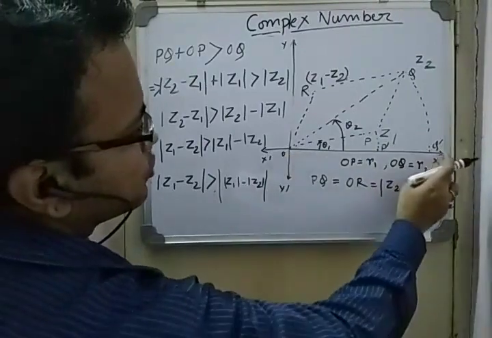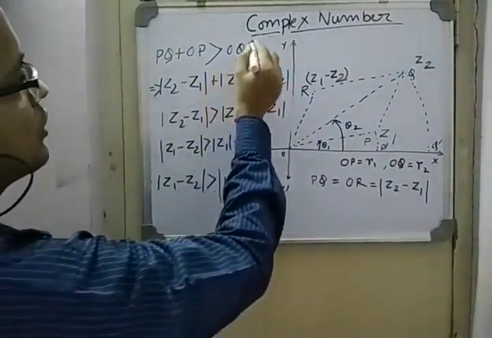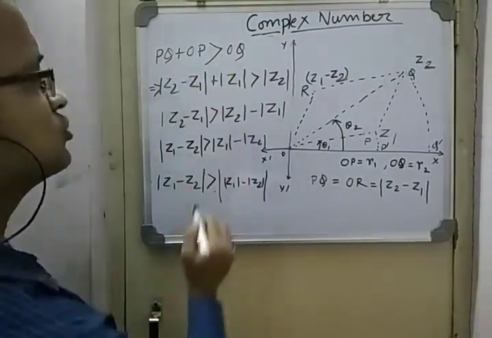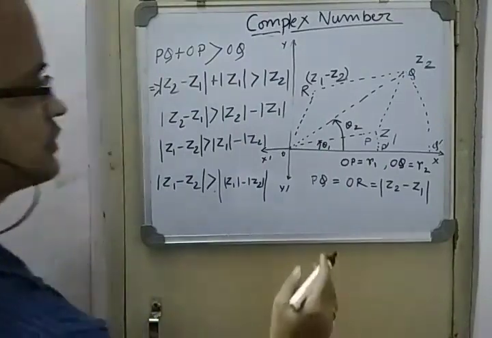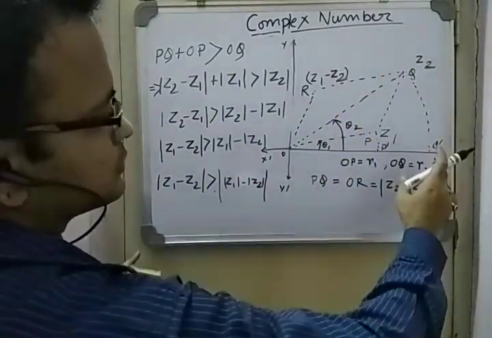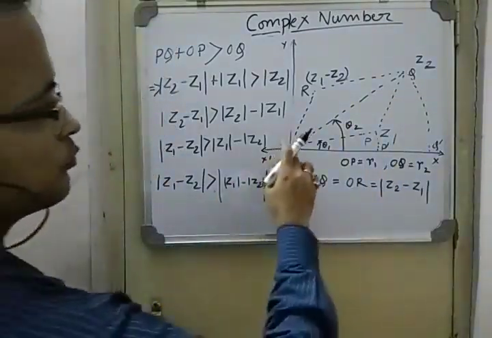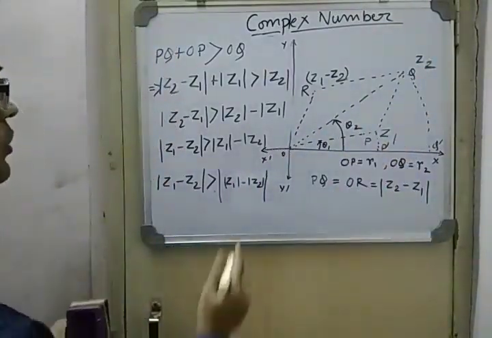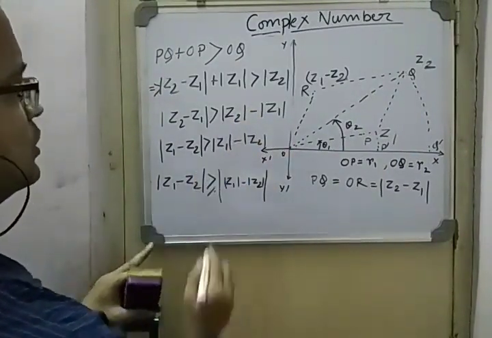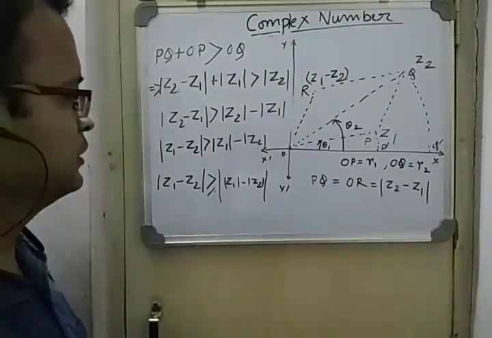So in that case, OQ dot is actually OP dot plus P dot Q dot. So OQ dot is actually equal. It becomes equal. So equality also holds true. Okay. So there is a special case when the triangle just falls on the real axis, so the triangle area becomes 0. So there is a possibility that it has one more case with equal sign. Okay. So in general case, it is represented as this.